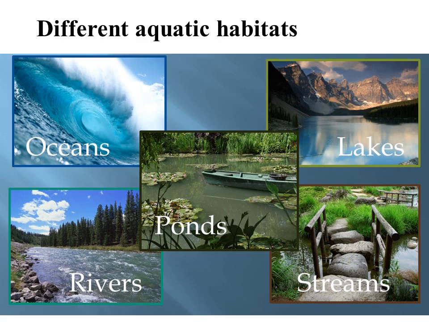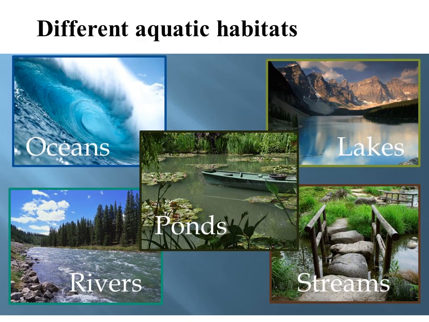Now, can you differentiate between aquatic and terrestrial habitat? I hope you can. Again, I am going to discuss the main difference between aquatic and terrestrial habitat. In aquatic habitat, the organisms live in aquatic water bodies such as rivers, oceans, lakes. These are all aquatic habitats, and the main reason is they live and breed in water, and the medium where they live is water.